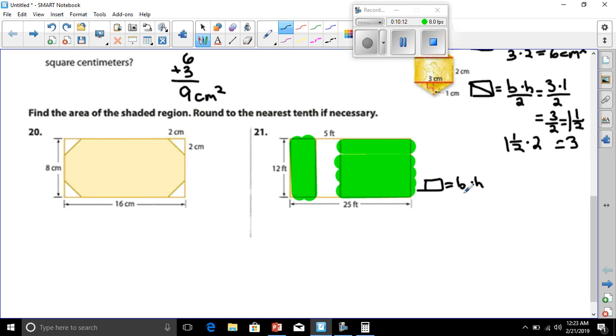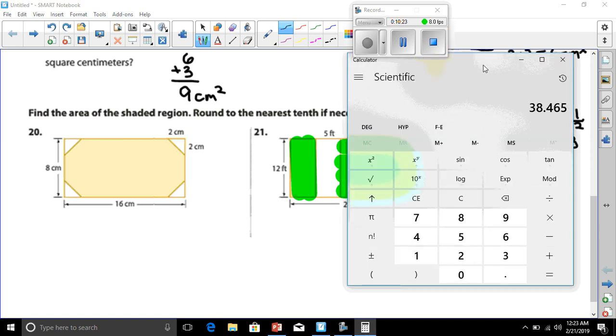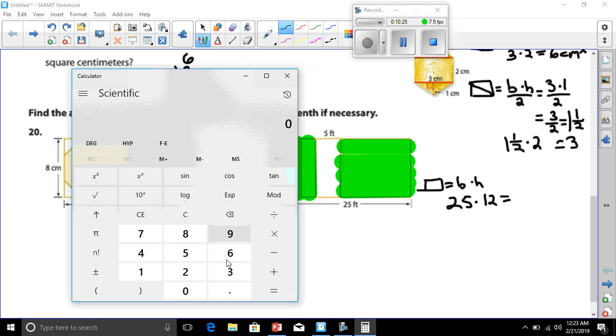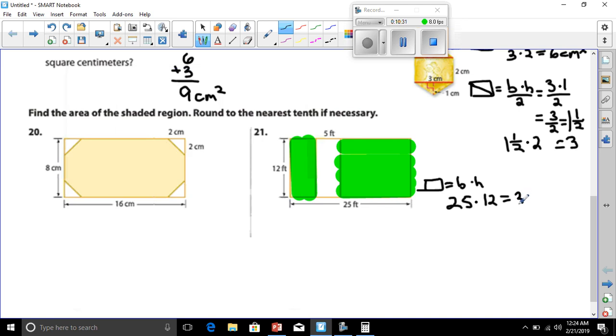So the base is 25. We're going to multiply that to 12. Okay? And let's see what we get when we do that. 25 times 12 is 300. Remember, that's for all of this rectangle, and we need to exclude this part.